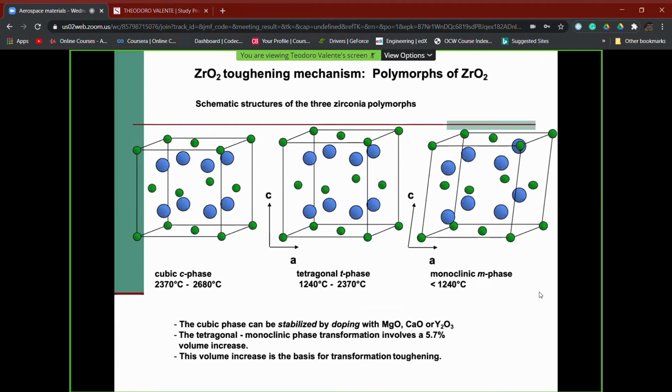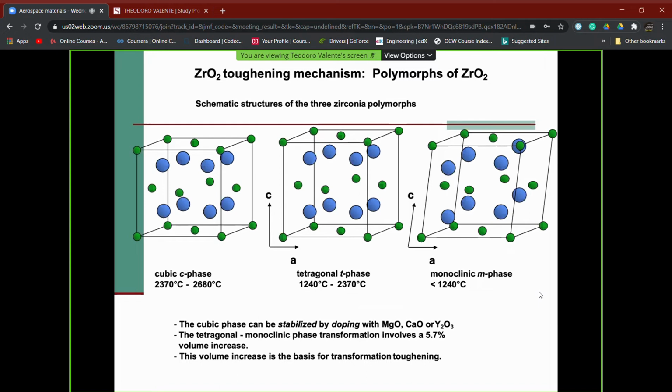Zirconia, even though it is a compound, because it is made of zirconium and oxygen, can have allotropic transformation. And so it is stable according to the well-known Bravais lattice in three possible configurations.